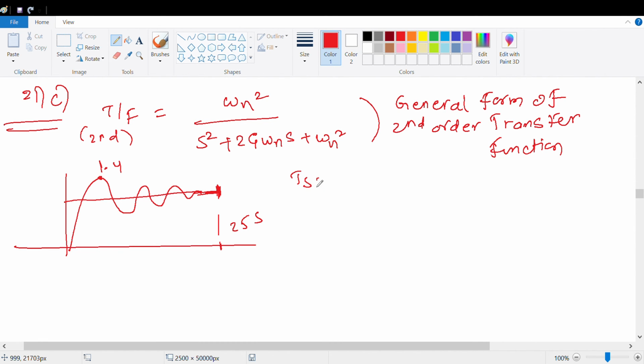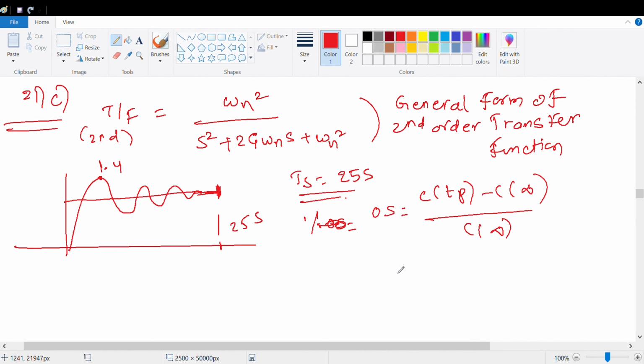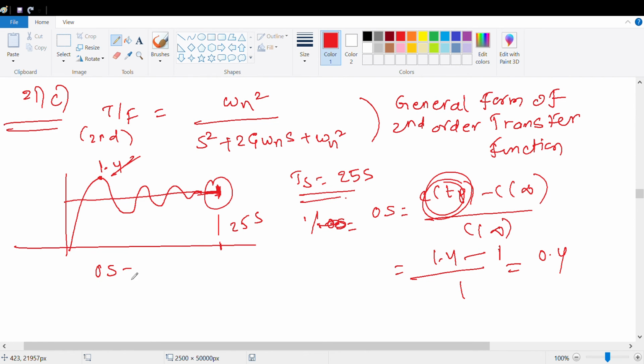So settling time is 25 seconds. We know percentage overshoot is simply C of peak minus C of infinity by C of infinity. So C of peak value 1.4 minus C of infinity 1, by 1, which is 0.4. So overshoot is 0.4, and we can find zeta.